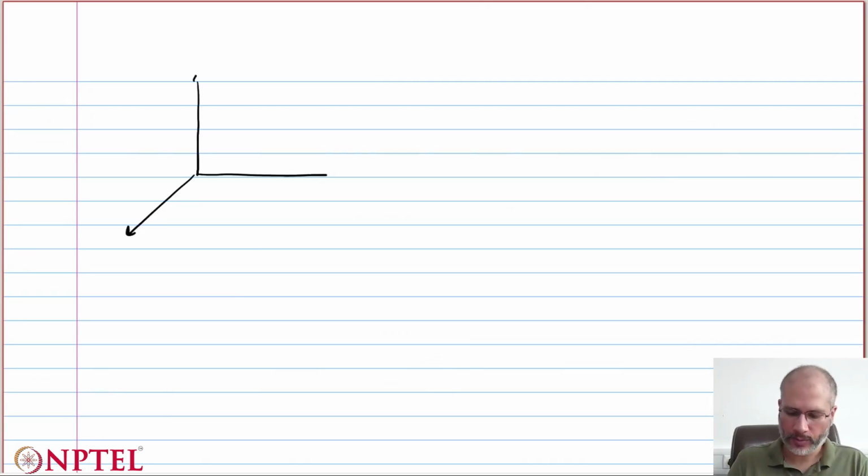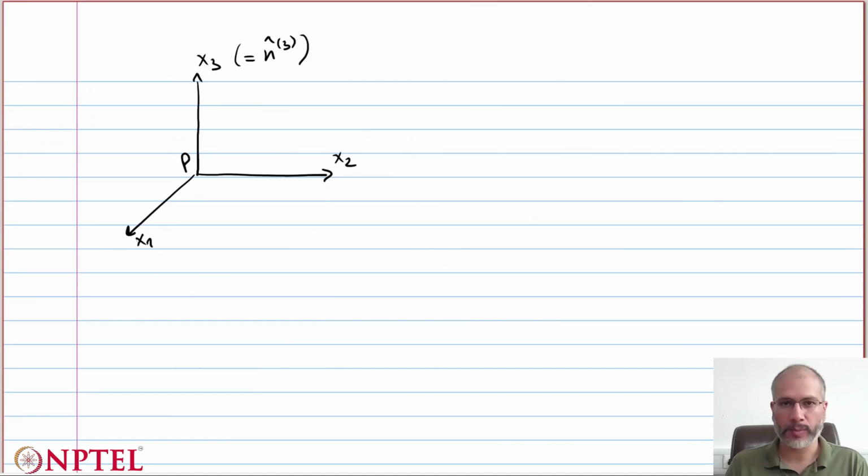Let's do an exercise where we have an x1, x2, x3 coordinate system. Again, x3 coincides with our n3 hat, that is the direction of the normal where there is no loading, and we find another coordinate system which is x1 prime, x2 prime, x3 prime.